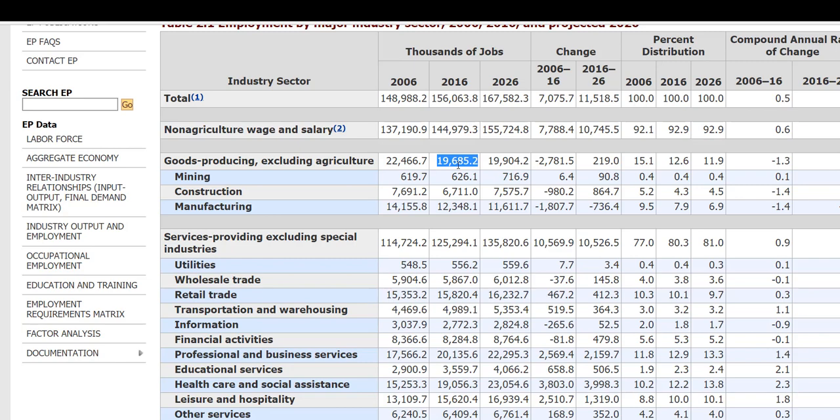In fact, as I showed you before, the US manufacturing output is at historical highs, whereas the employment in the manufacturing sector is at historical lows. Technological innovation and automation both tend to replace humans.